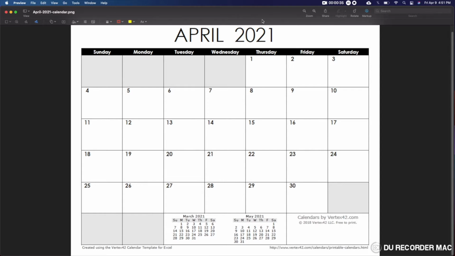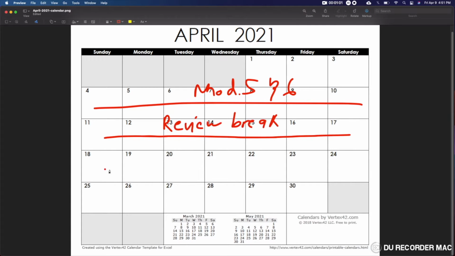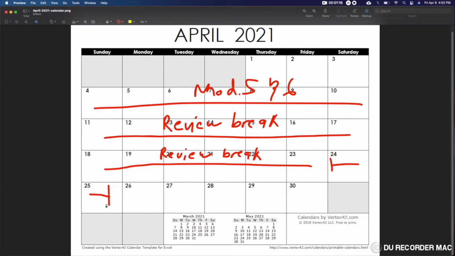Now, I'd just like to show you our schedule for April. For this week, we should finish Module 5 and Module 6. And for next week, we will have a review break. We'll also have a review break because the tentative exam schedule would be on the 24th to 25th, since it's a departmental exam.